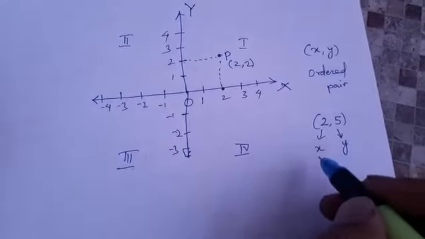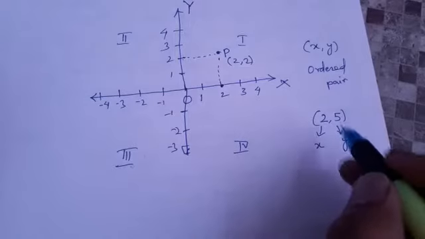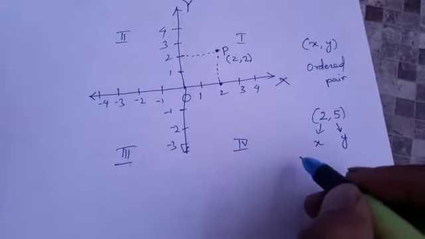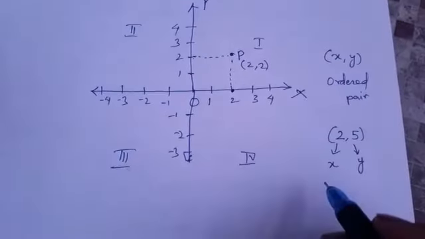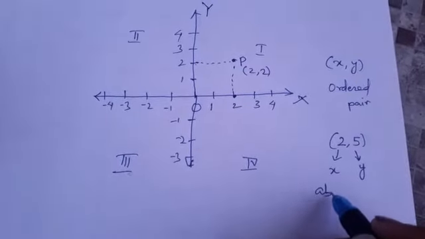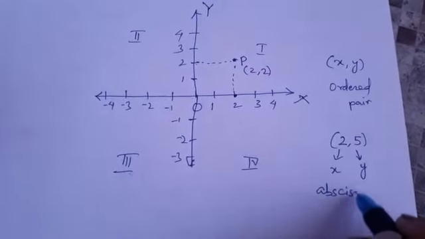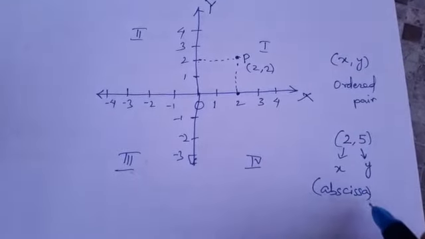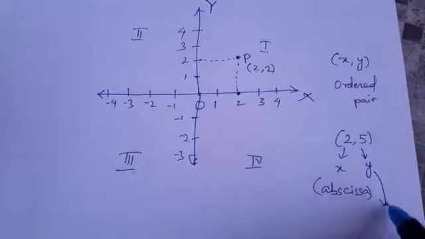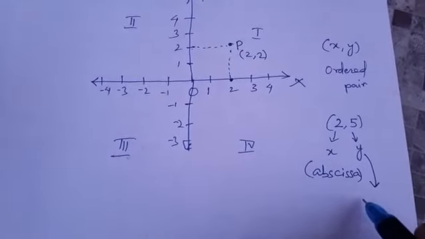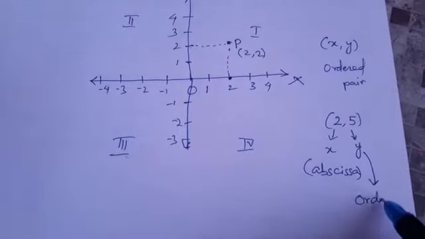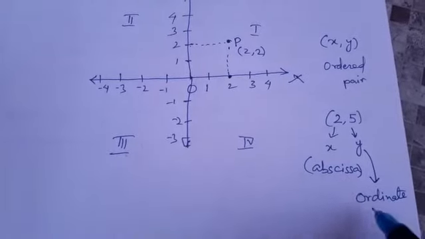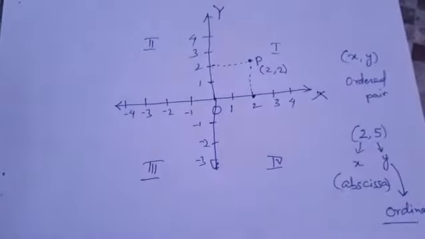The x coordinate is also called the abscissa and the y coordinate is also called the ordinate.